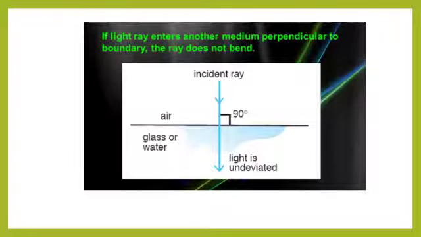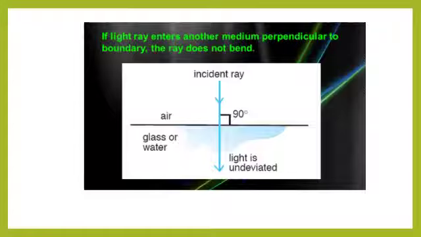Now what happens when a ray of light passes along the normal, or at 90 degrees? Then light will go undeviated, meaning it will not show any bending, or there will be no change in the direction of light rays.